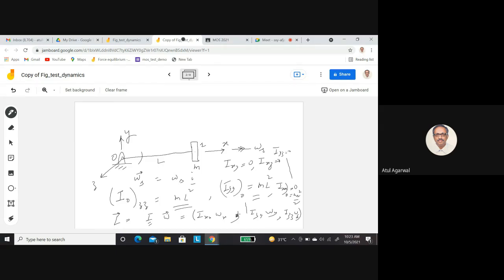Since you have only the omega component in the x direction, your angular momentum is only Ixx omega x. Ixx we found was mr squared by 2, and all other terms are 0. So this is your angular momentum.